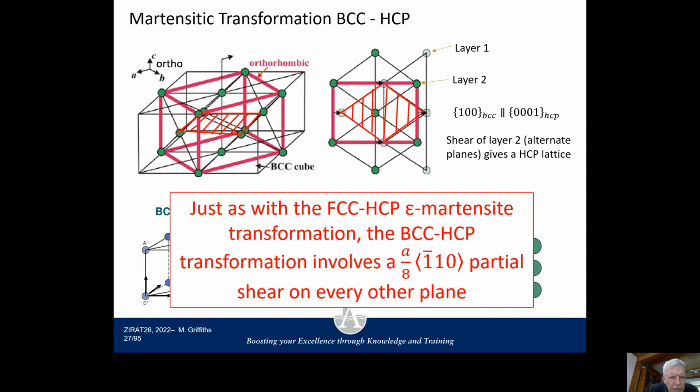And so the arrangement of the atoms on this top layer are shown here.